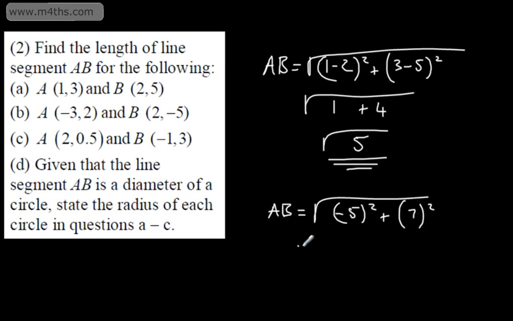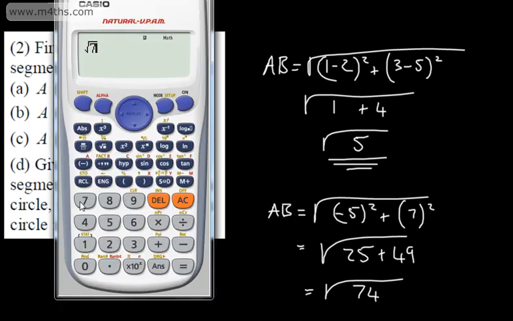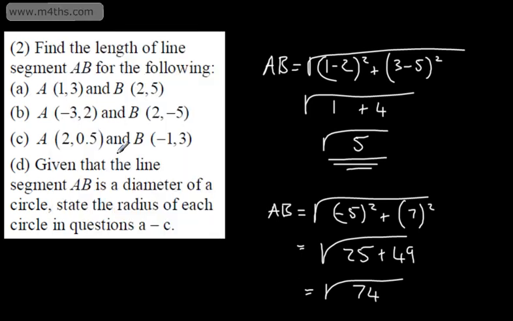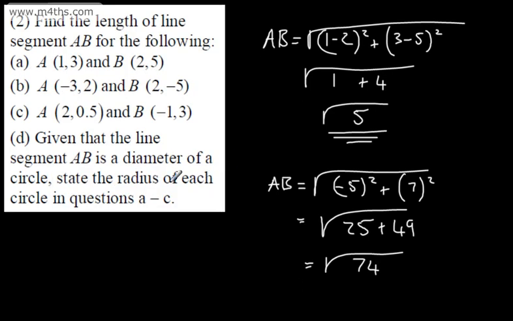So that's going to give us now the square root of 25 plus 49. And we can write this now as the square root of 74. Let's just pop that in, square root 74, and that is exactly as it is, as we would expect. So I'm just going to leave it like so.